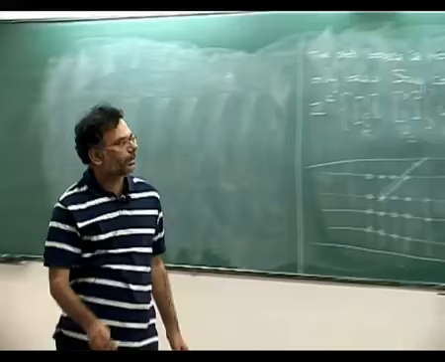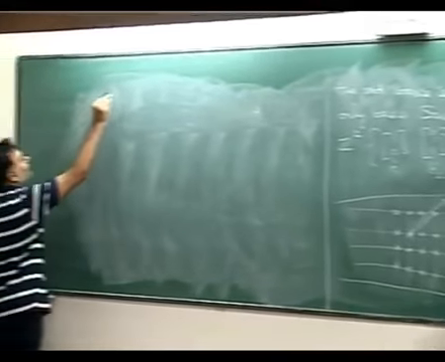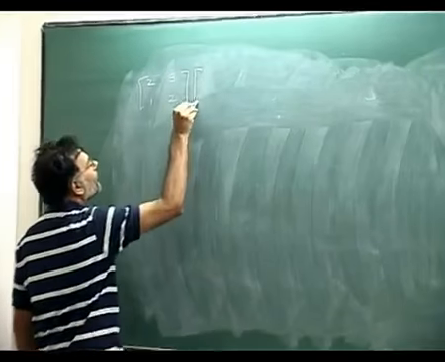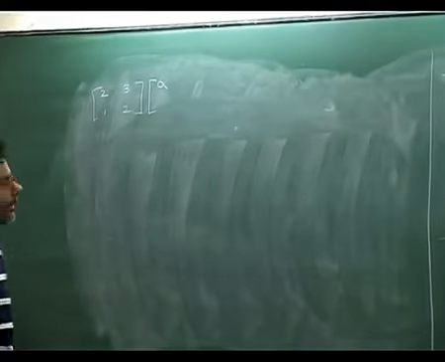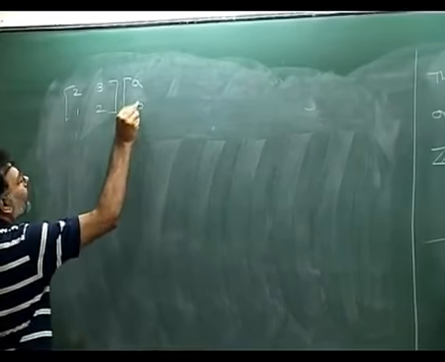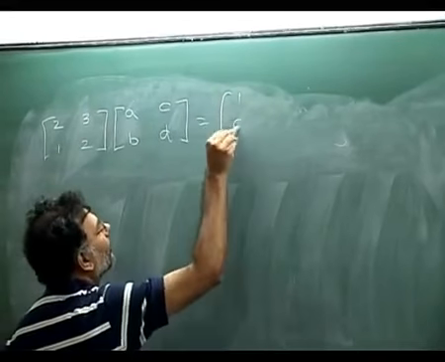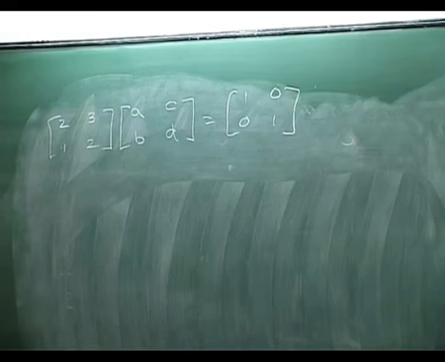So this becomes equivalent to one matrix equation: A times (2, 1) plus B times (3, 2), and C, D. So I get this equation.